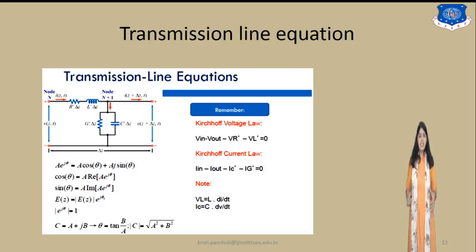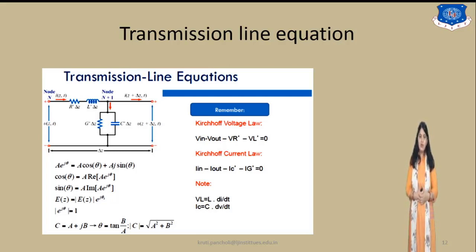For the transmission line equations, we need to consider the equivalent circuitry of the transmission line, which consists of a variety of elements. Now we are considering the delta Z segment, the small segment I have shown.